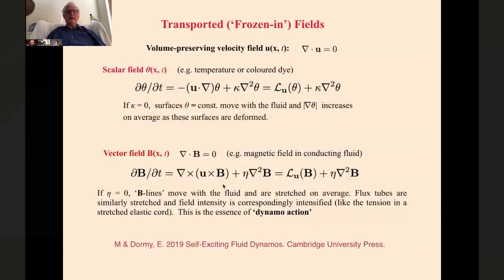And again, this is the Lie derivative, the derivative of b following the flow u. And if eta is 0 here, then the b lines move with the fluid and are stretched on average. In this way, flux tubes are similarly stretched, and the field intensity is correspondingly intensified. It's very like the tension in a stretched elastic cord. And this, in fact, is the essence of dynamo action that we'll come back to in a moment.